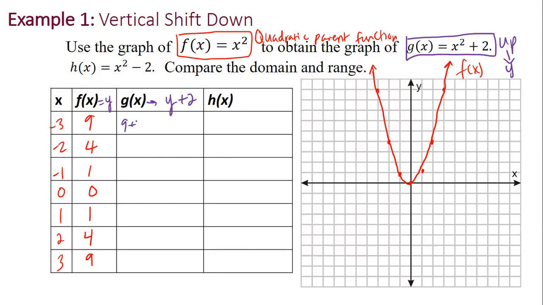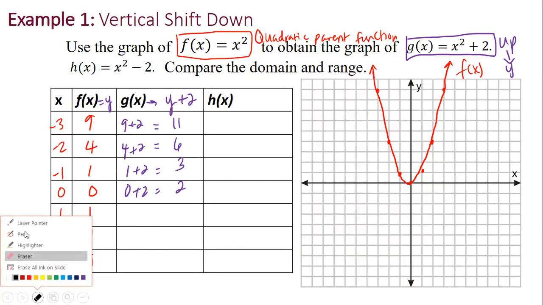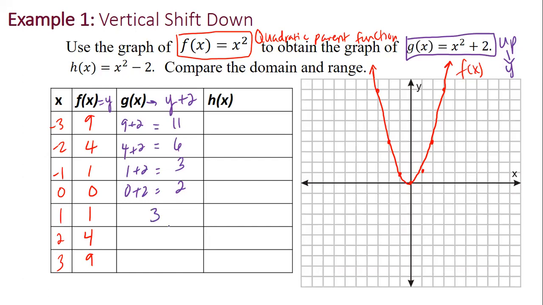So it's going to be 9 plus 2, 4 plus 2, 1 plus 2, 0 plus 2. And that's going to give me 11, 6, 3, and 2. Those values are going to repeat. So then it's going to be 3, 6, and 11.